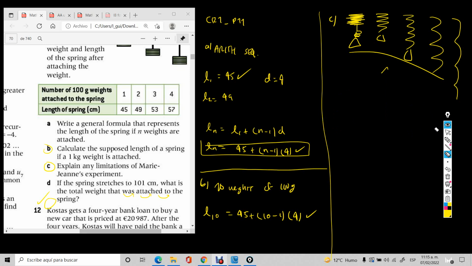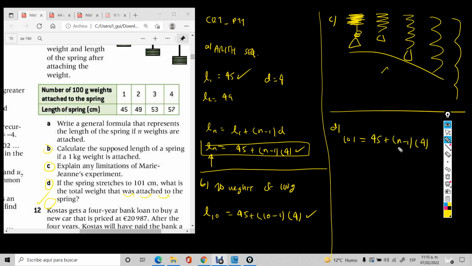Okay, and then the last letter, letter D. If the spring stretches to 101 centimeters, what is the total weight that was attached to the spring? So now we know that the length is 101 centimeters. So I need to plug that once again into this formula, and in here, 101 centimeters should be equal to this.